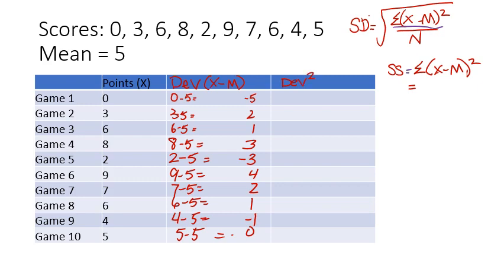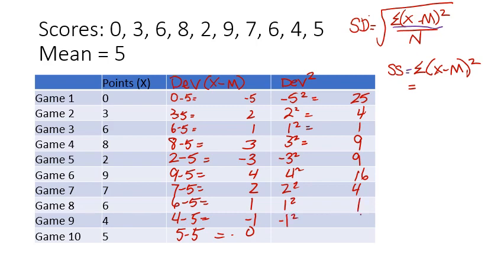Negative 5 squared equals 25. 2 squared equals 4. 1 squared equals 1. 3 squared equals 9. Negative 3 squared is 9. 4 squared, 16. 2 squared is 4. 1 squared is 1.